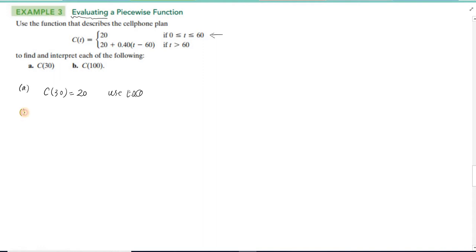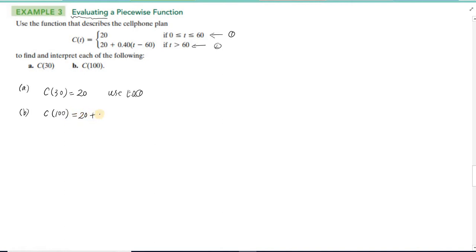For part B, we need to find C of 100. Now we're going to look at which equation works for us. Since 100 is greater than 60, that means we have to use the second equation. So we're going to plug in 100 for the second equation.